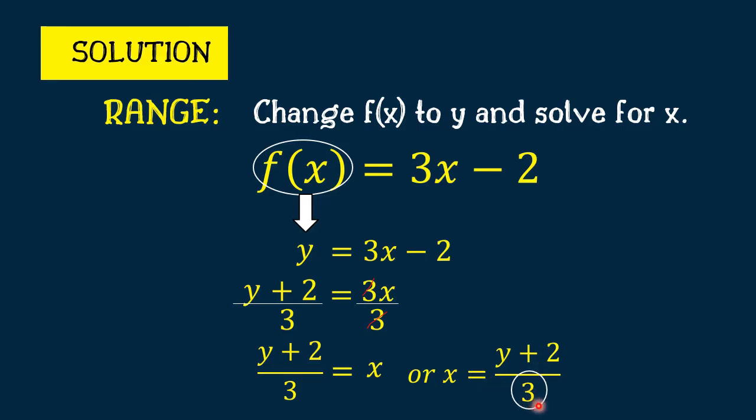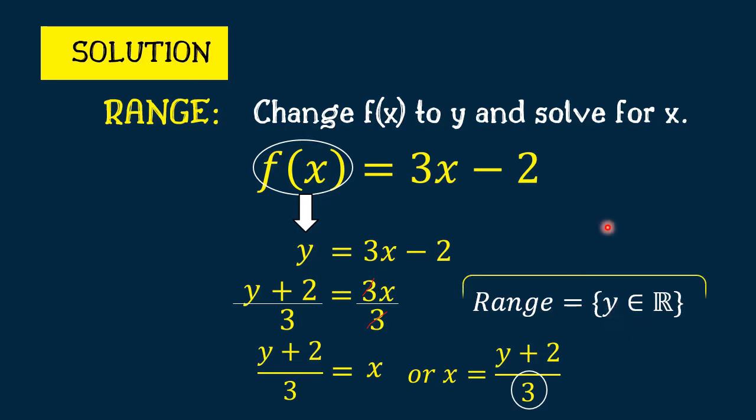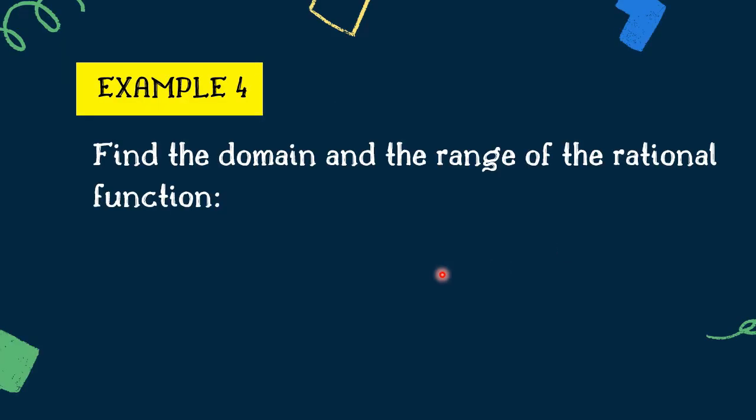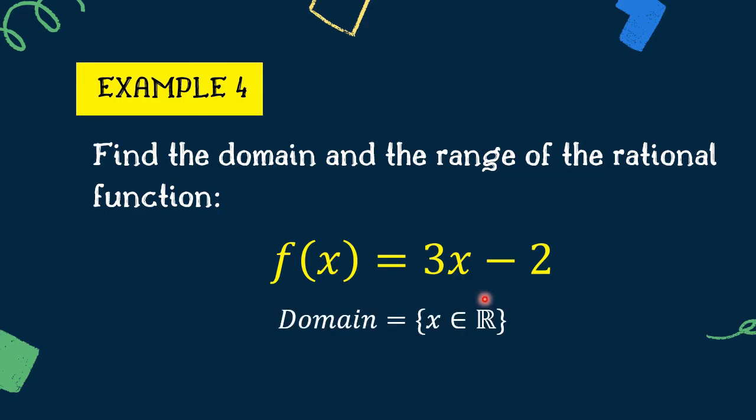Therefore, we can conclude that the range is the set of all real numbers. So, all real numbers can be a value of y. Therefore, from our previous solutions, we can conclude that the domain and the range of our rational function is written in this form, and they are the set of all real numbers.